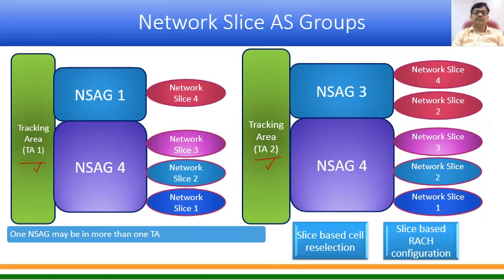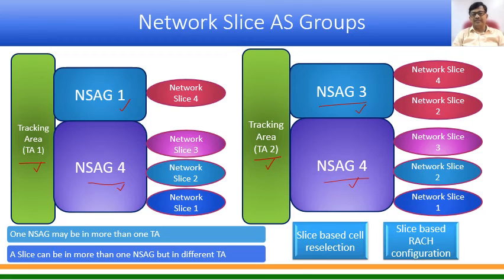In tracking area 1, NSAG 1 is there and NSAG 4 is there. In tracking area 2, NSAG 3 and NSAG 4 are there. So one NSAG, in this example NSAG 4, is available in TA1 as well as TA2.